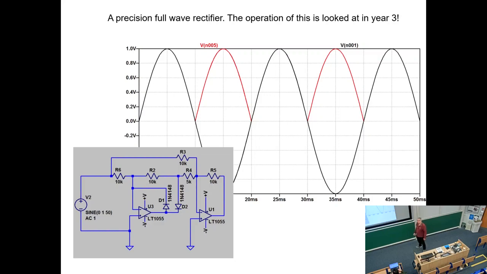And it looks quite complicated, and it is. But you can analyze this in exactly the same way. You can say which diodes are on for a positive input, which diodes are on for a negative input, redraw the circuit in both cases, analyze it with the virtual earth theorem and the linear theory, add the two together in terms of time, and you'll get the response out.